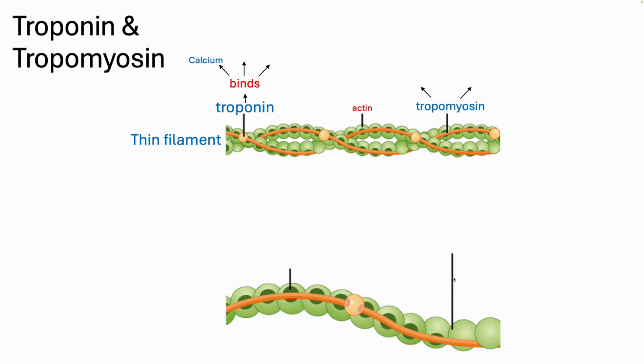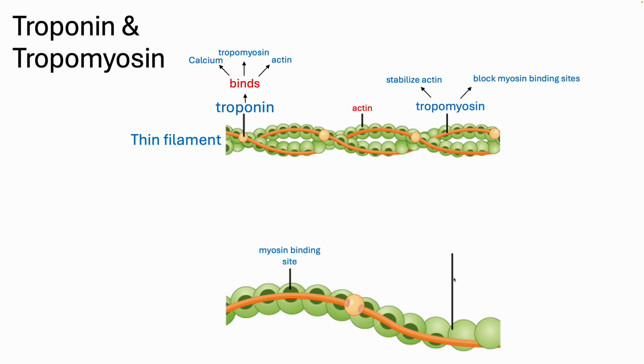The troponin can bind to calcium, tropomyosin, and actin. When calcium is absent, then the troponin is going to keep the tropomyosin in place and blocking the myosin binding sites.